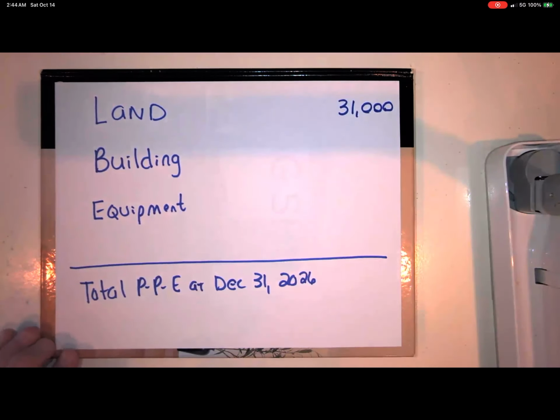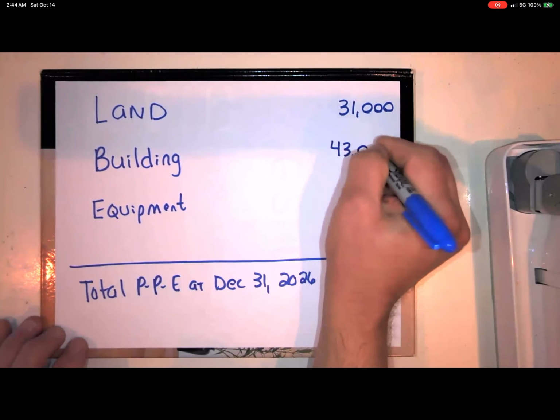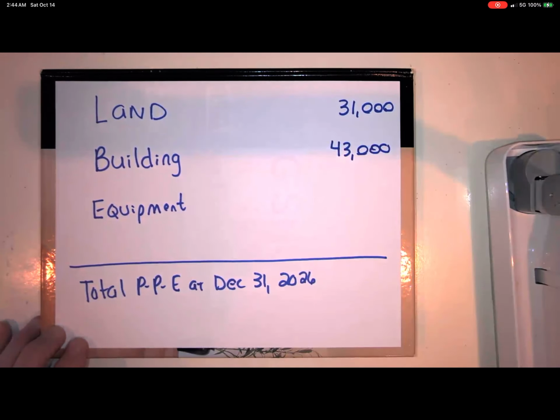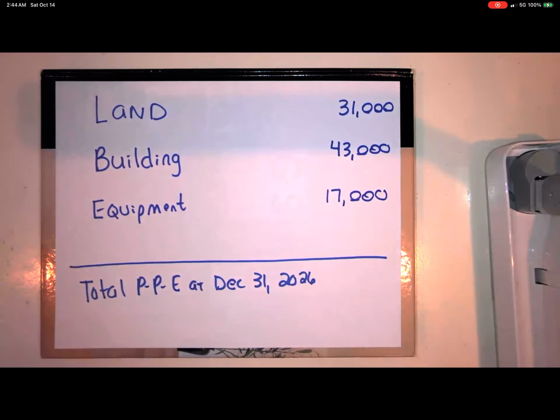The building given is 43,000. And the equipment, 17,000. Christopher, when I add those up, I get $91,000. Is that your correct final answer?